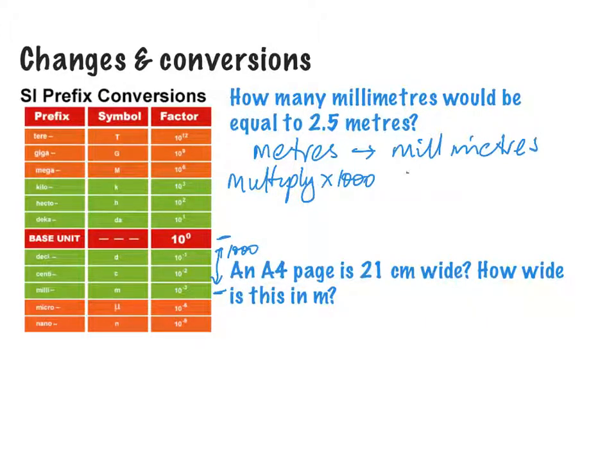So we're going to have 2.5 times 1,000, or 2,500 millimetres. Now notice what I've done. The easiest way for us to think about this is moving the decimal place.